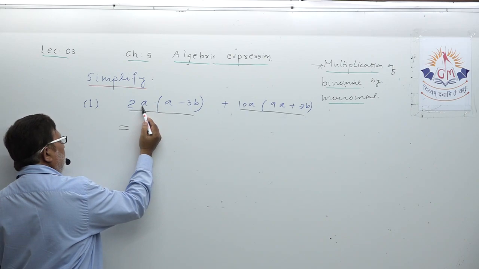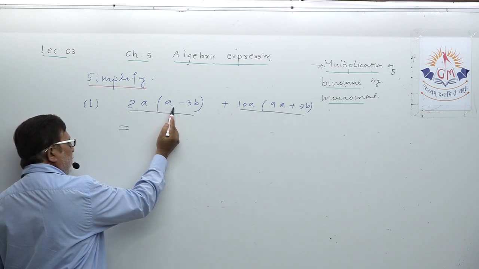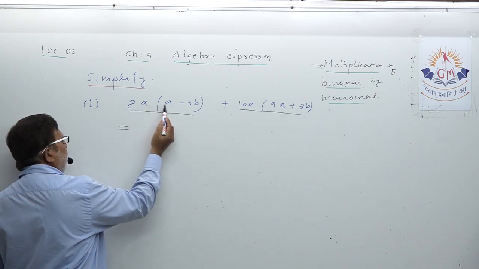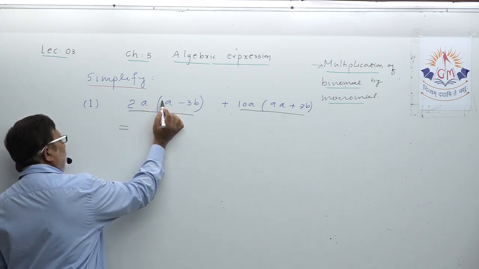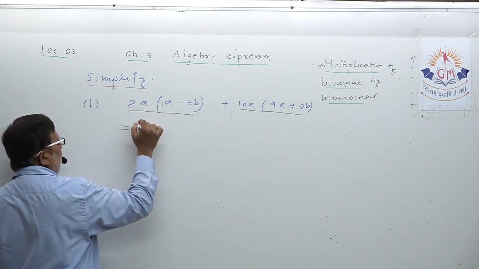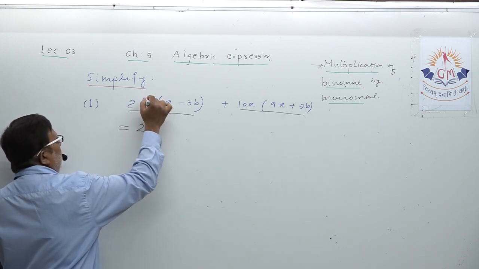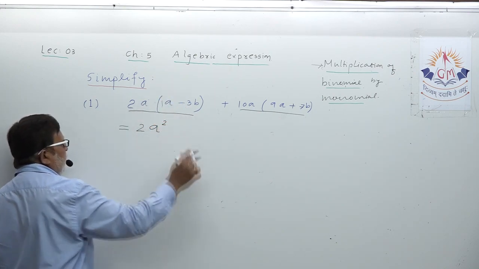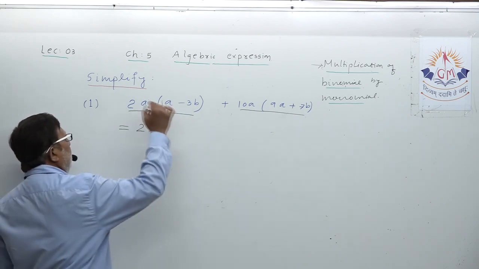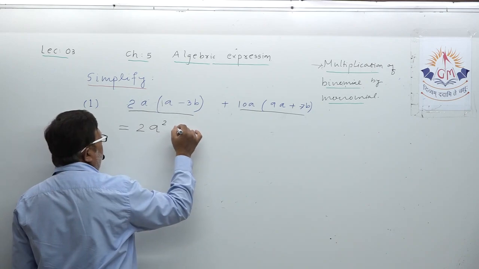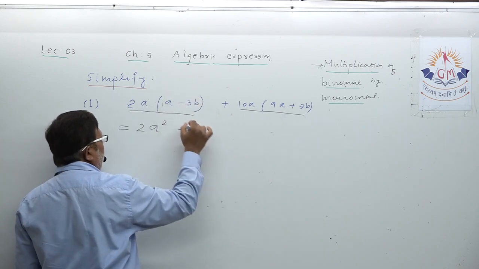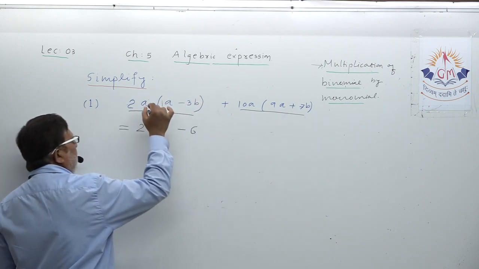As you all know, when you multiply a monomial with a binomial, first multiply the monomial with the first term. Here no number means 1. 2 ones are 2. A raised to 1, a raised to 1, that means a square. Okay. Now plus minus minus, multiplication of numbers, 2 into 3, that is 6.